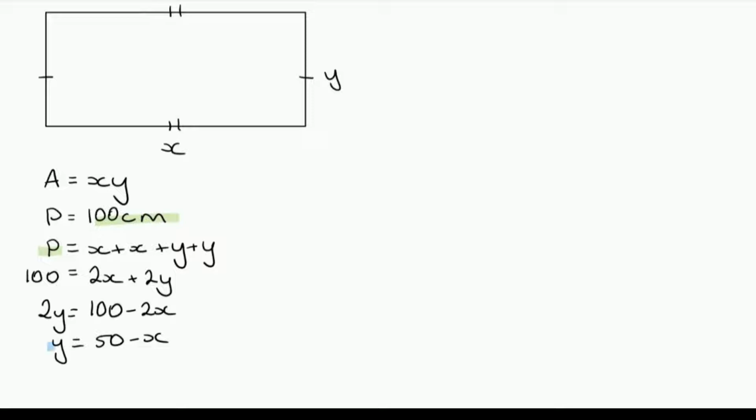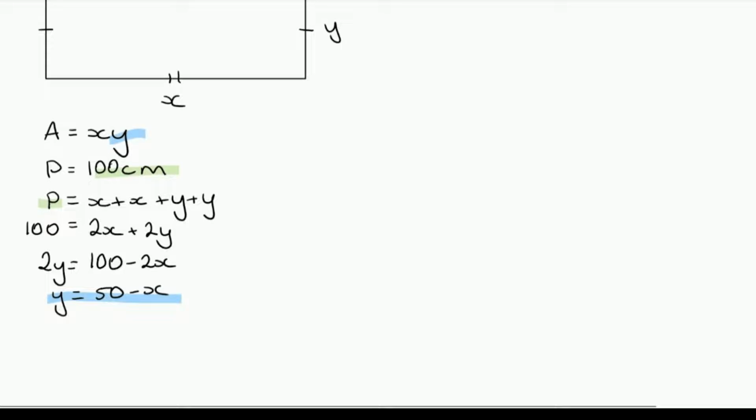Now that I've got this equation in terms of only y, I can plug that into my area formula up here. So my area is equal to x multiplied by 50 take x. Expanding these brackets out, as A of x is now all in terms of just the x variable, it is 50x take away x squared.